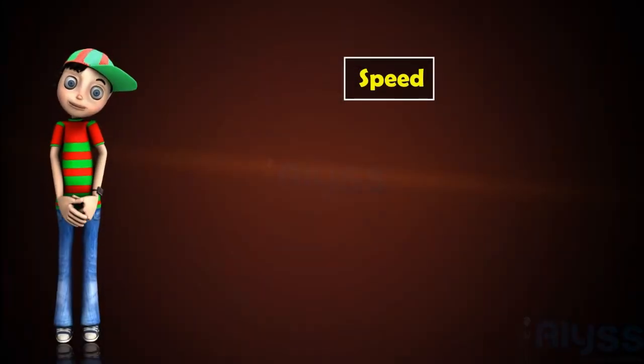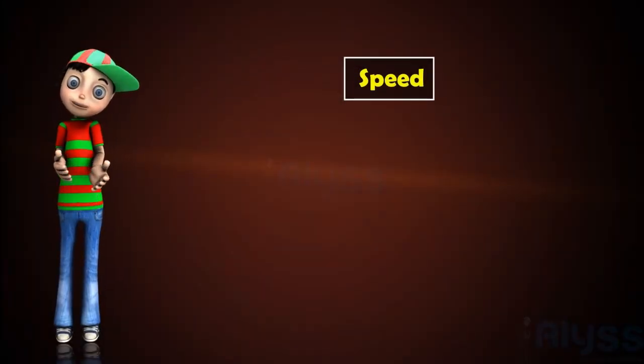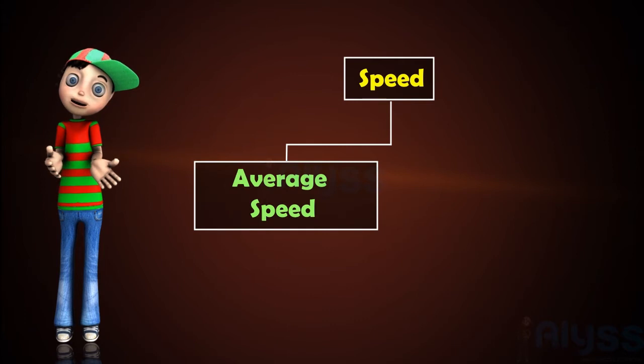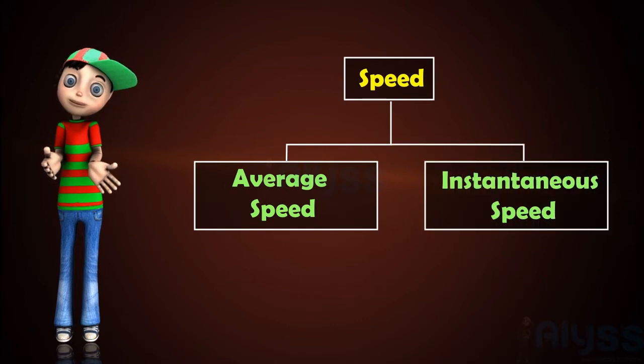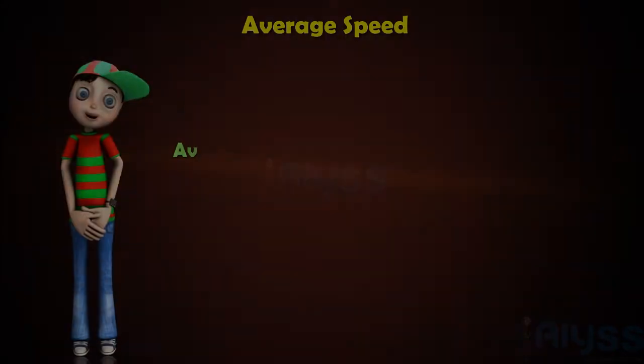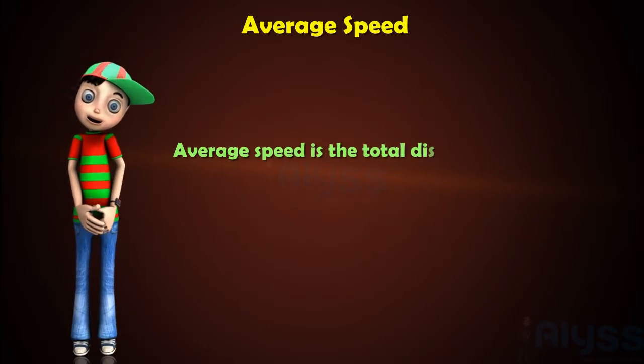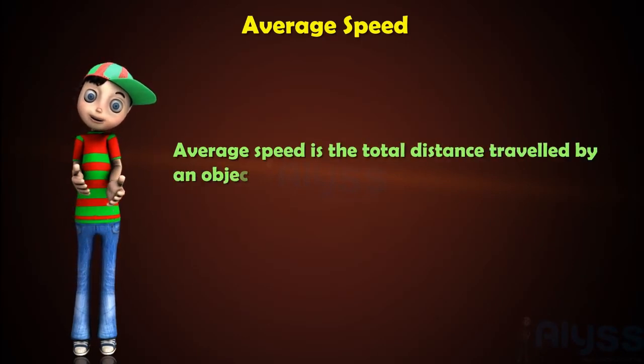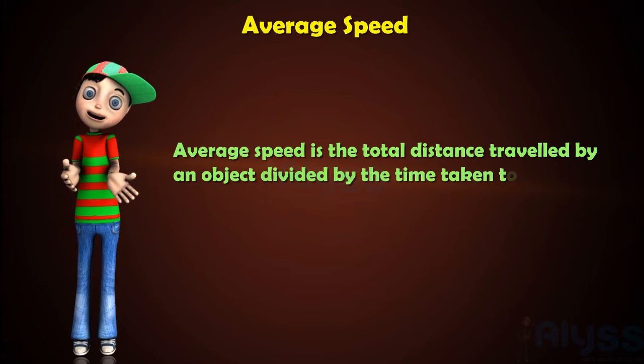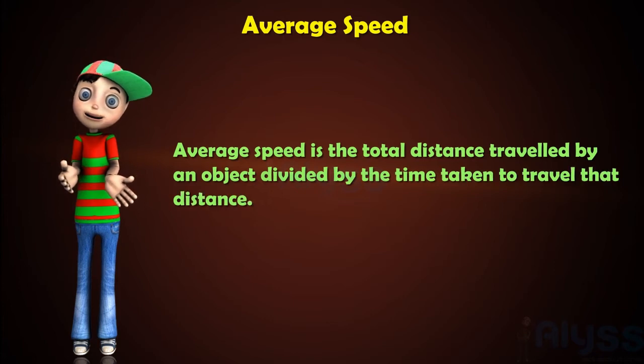Speed is mainly described in two forms: average speed and instantaneous speed. Average speed is the total distance traveled by an object divided by the time taken to travel that distance.